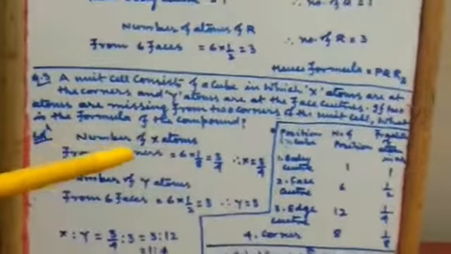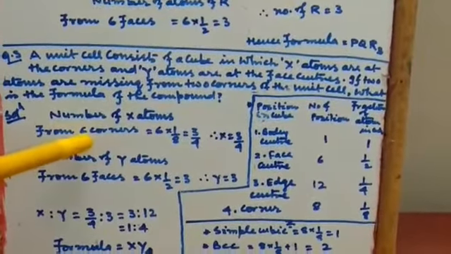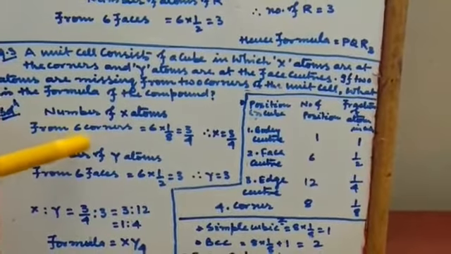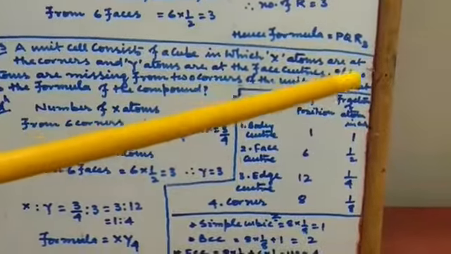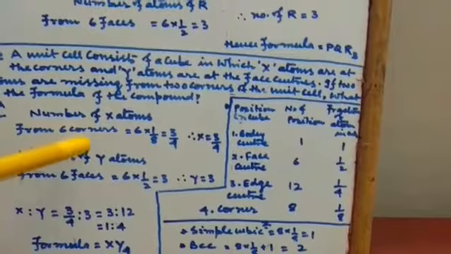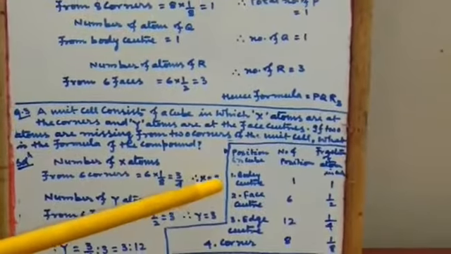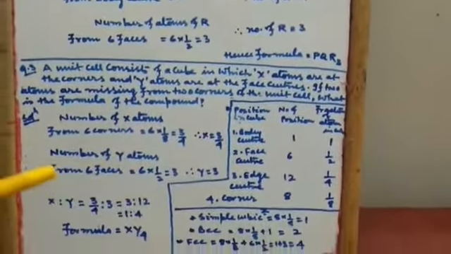Here the number of X atoms from 6 corners. Here the corner count is not 8, it is 6, because two atoms are missing from corners. So from 6 corners equal to 6 into 1 by 8 equal to 3 by 4. Therefore, X equal to 3 by 4.